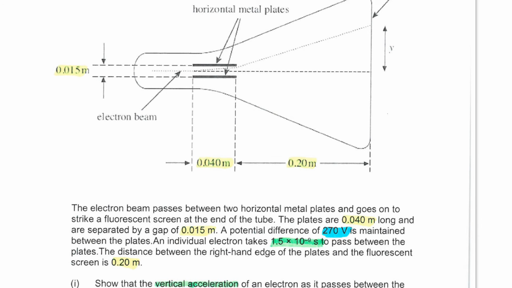There was the vertical displacement within the plates, and then a further displacement whilst the electron passed from the plates to the screen.